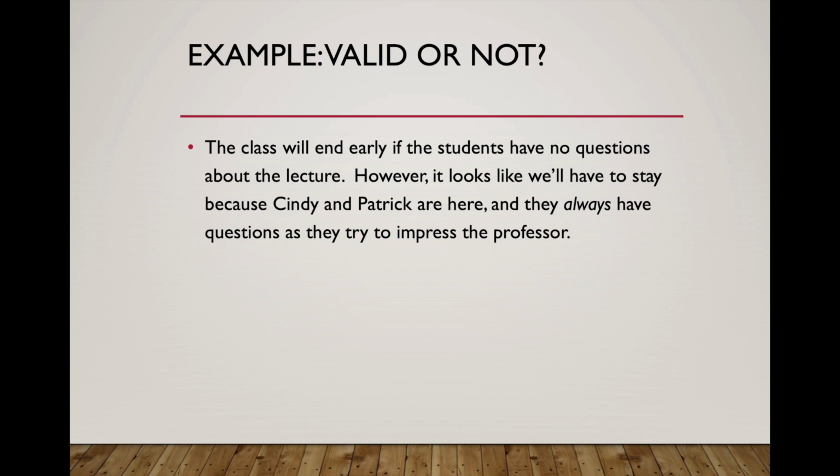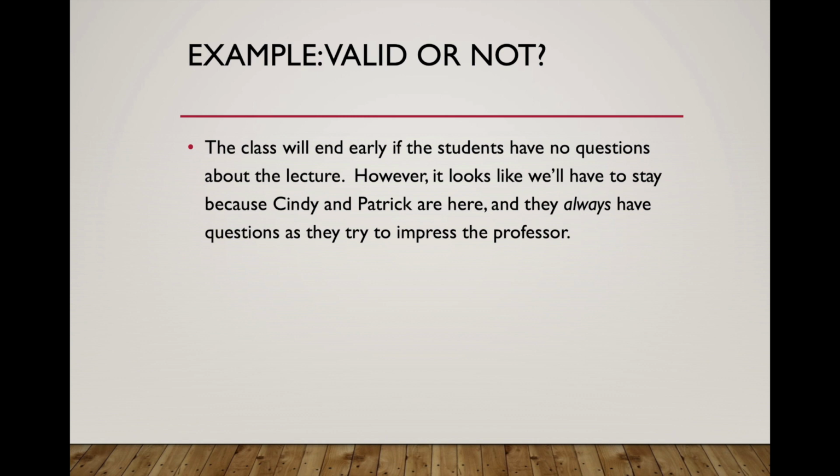Notice that the antecedent is a negative and the second premise is affirmative, but that's opposite, so we call that the denial of the antecedent, okay? In other words, it tells us the antecedent did not come true. So if the students have no questions, then the class will end early, but Cindy and Patrick are here and they always have questions. That's a denial of the antecedent.